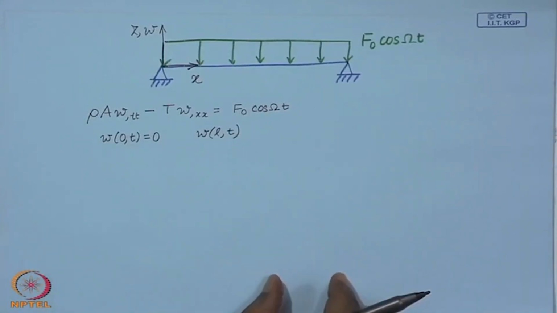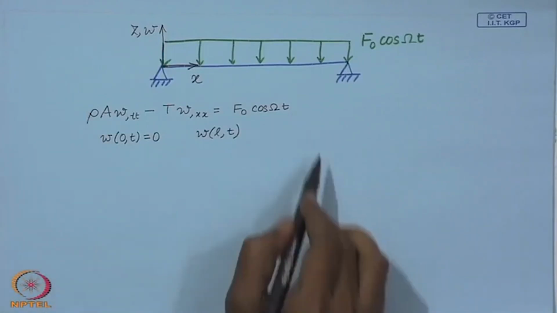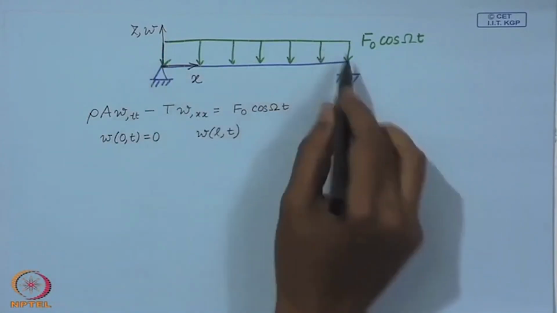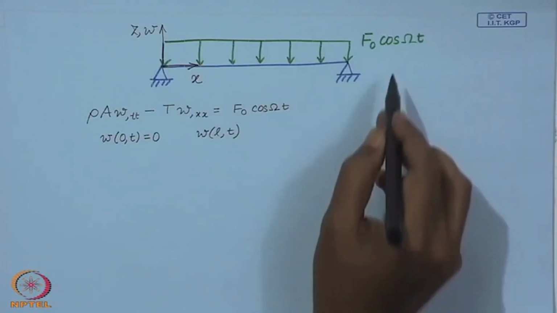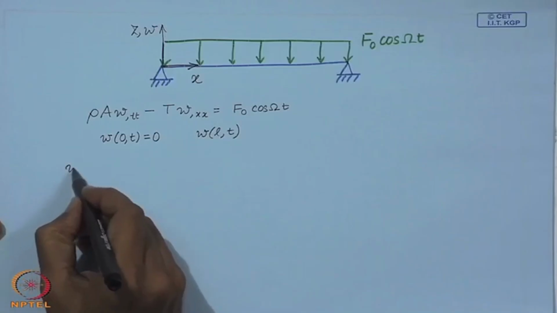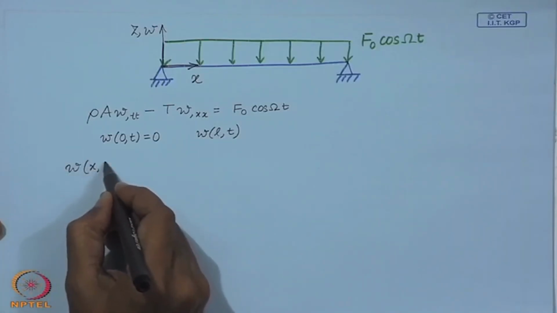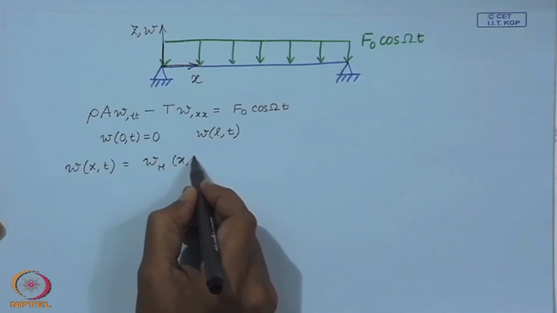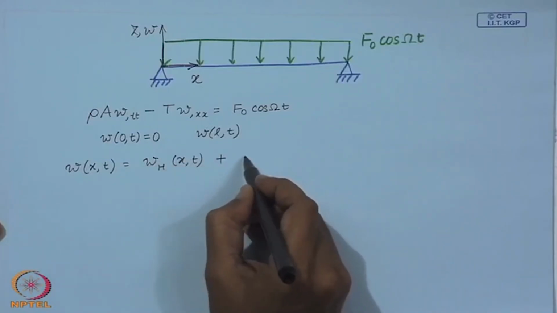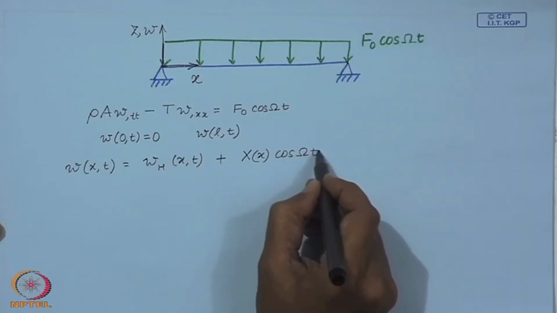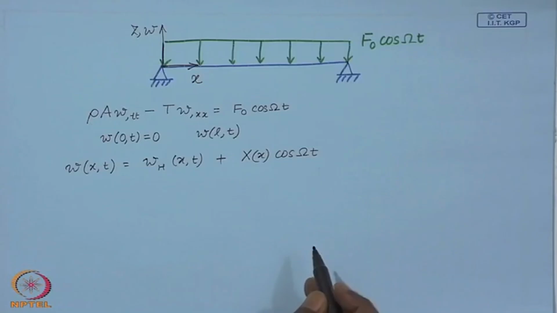This is the formulation of the problem for this uniformly harmonically forced taut string. The solution is a homogeneous solution plus the particular solution in this form.